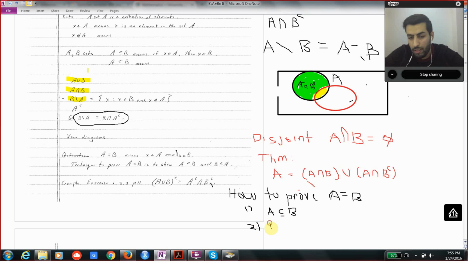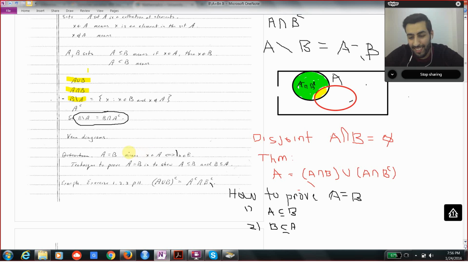Exactly. These must have the same elements because everything in A is in B and everything in B is in A, so they have to be the same set. This is how we prove two sets are equal. It isn't like proving two numbers are equal. It's a very different thing.